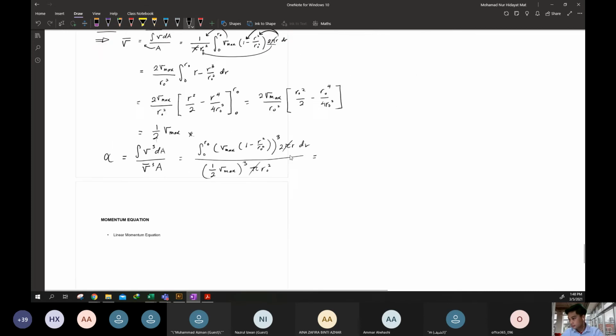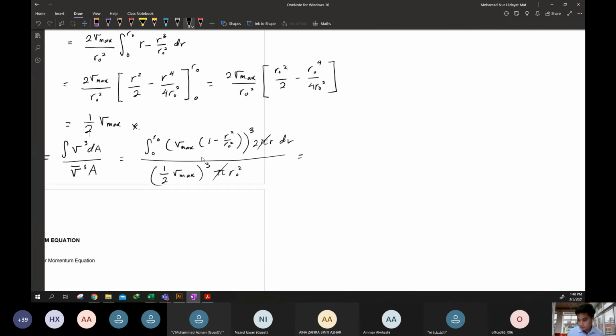You try to solve this integral. Basically this takes a long calculation, because this is the power of 3, so you have to multiply 3 times. This is the final one I give to you: 16 over R naught squared, bracket R naught squared over 2 minus 3R naught squared over 4 plus 3R naught squared over 6 minus R naught squared over 8.